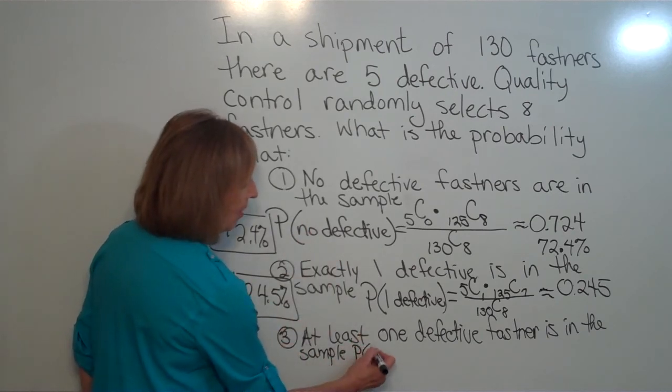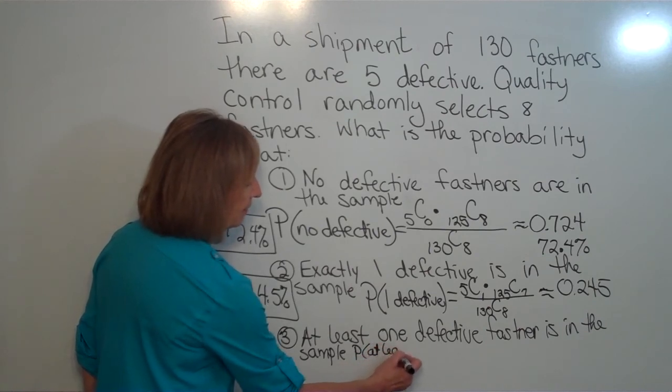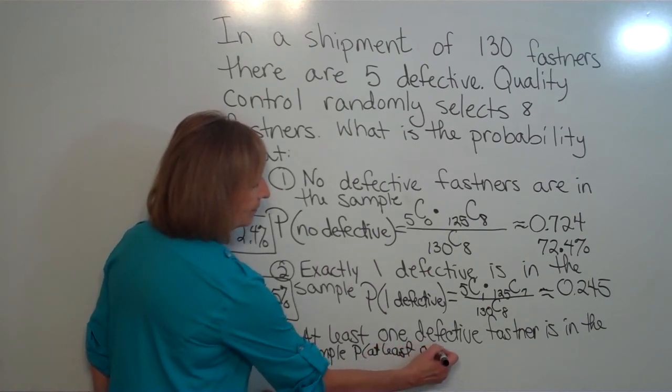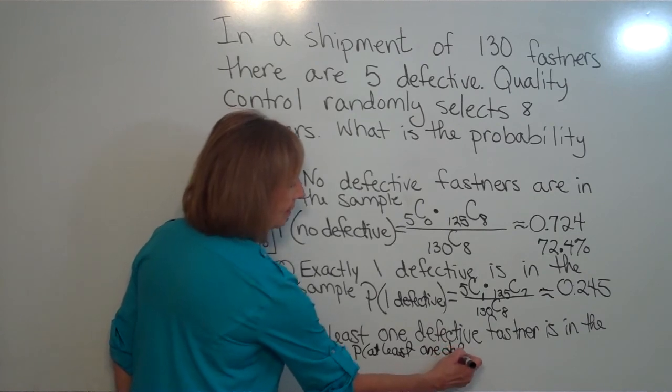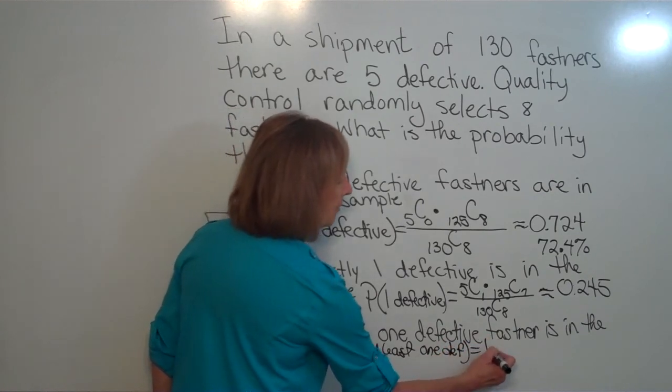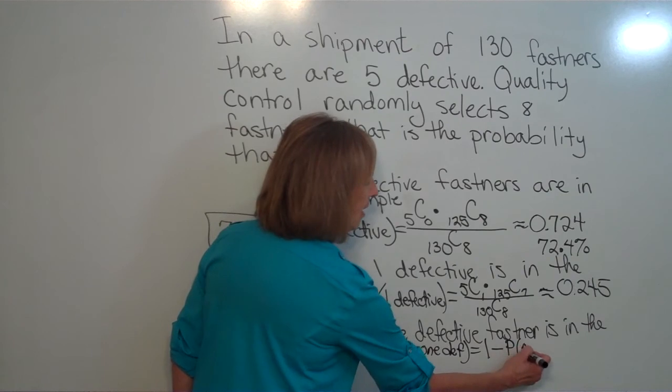Our probability of at least 1 defective is equal to 1 minus the probability that none are defective.